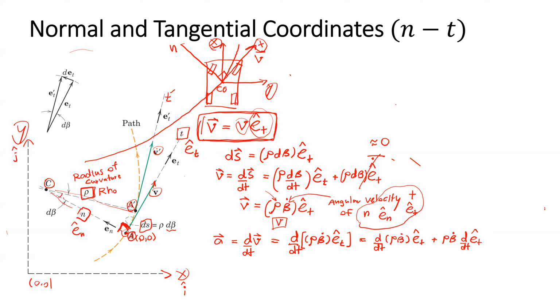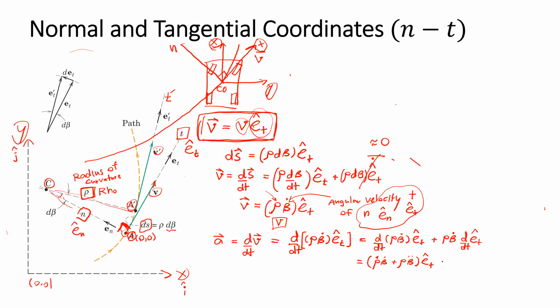And to obtain the time derivative of rho beta dot, we're going to have rho dot beta dot plus rho beta double dot in the direction of the tangent axis.